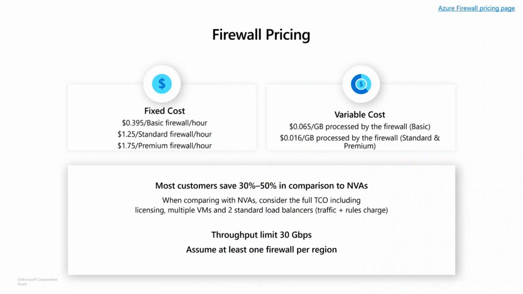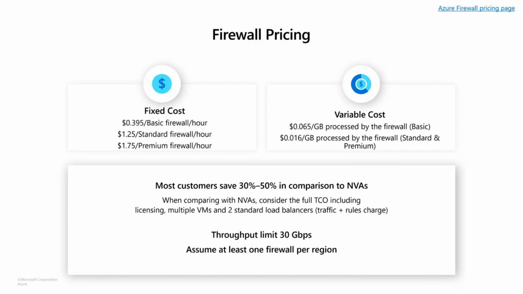You don't have to have VM management, licensing, updating the software, load balancing it both inbound and outbound, and all that is taken care of for you with cloud native. The features, we looked at all the features that are there. If you go to Azure Firewall Premium, that's all the security features there.